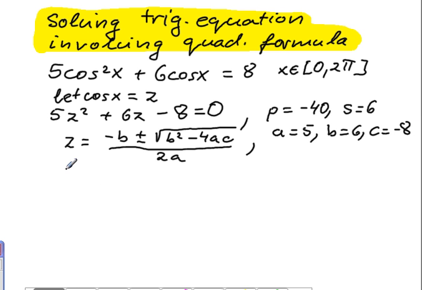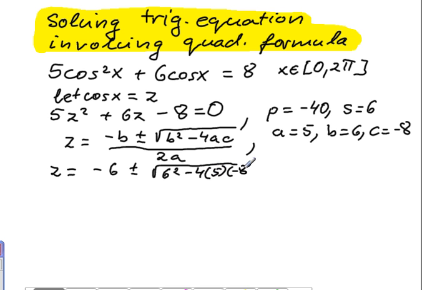Okay, so what do we do now? Quickly substitute. So z, then you have negative 6 plus or minus the square root of 6 squared minus 4 times 5 times negative 8.